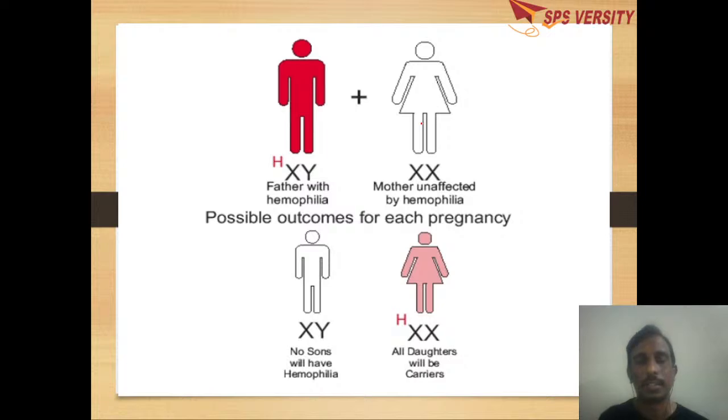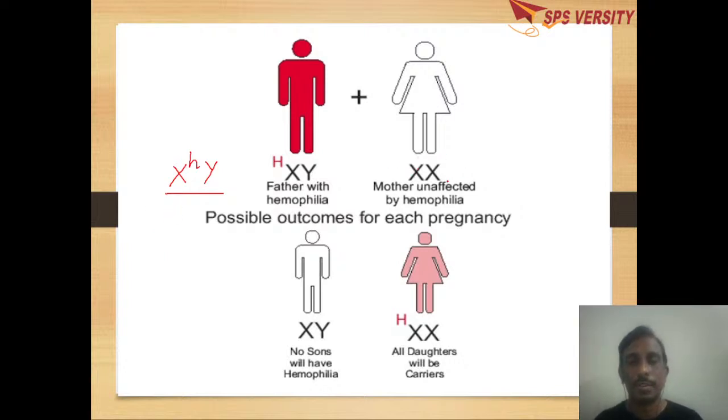So here you can see, while we are writing the genotype, for example, father with hemophilia, you can write like this, as it is a recessive disorder, X small h Y. Even with one X with small h, the male will get the disorder.